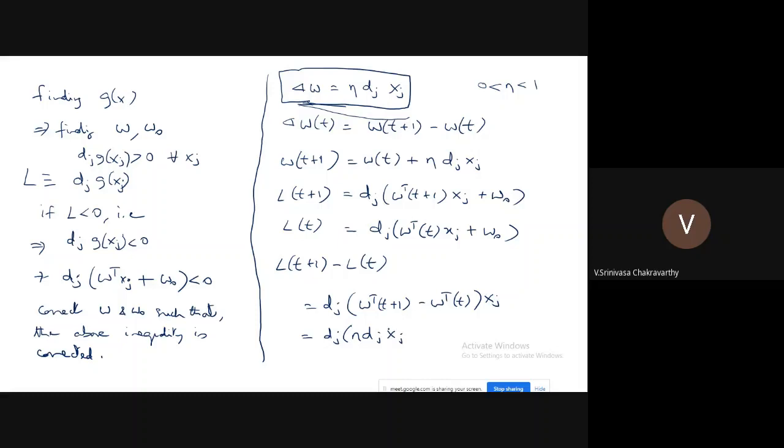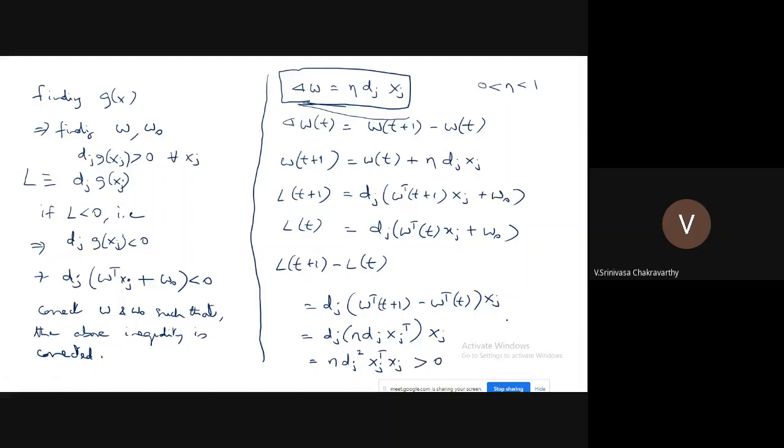So dj is a scalar, so transpose doesn't affect it. We get eta times dj square times xj transpose xj. So you can easily see that this whole thing is greater than 0.